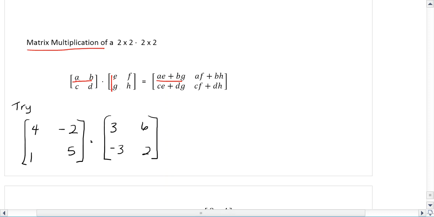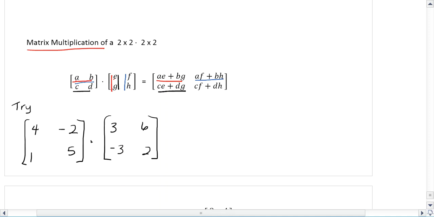Now for the second entry, we take the top row, A and B, and you multiply it by the second column, A times F plus B times H. That gives us this second entry. And then we switch to the bottom row, take this bottom row times this first column to get this entry.